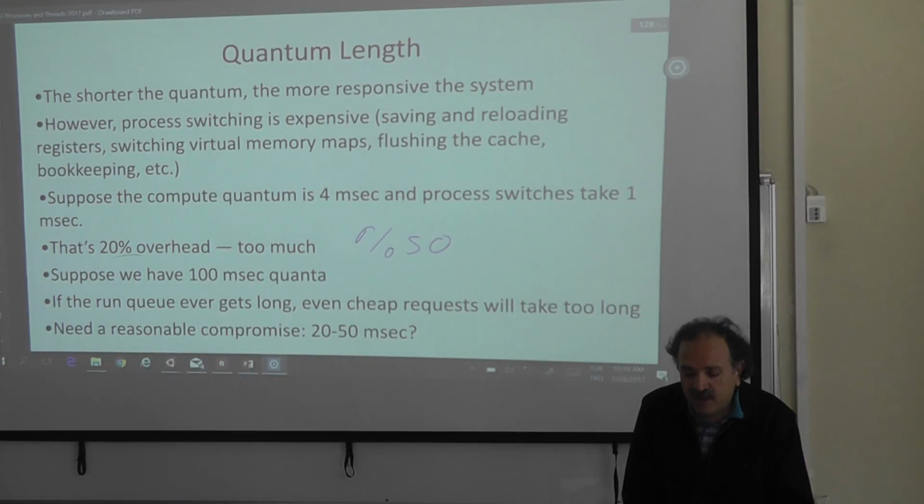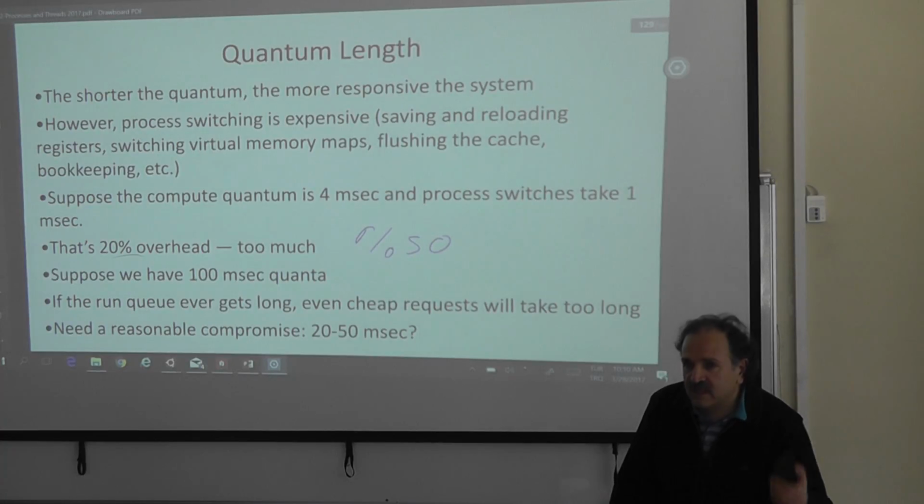It is okay if I don't use most of my CPU time for useful work, as long as the user is happy. But this is not a good overhead for batch systems. Because for batch systems, the idea is to use that expensive computer system to do something very lengthy, very expensive. So you want to use that CPU very efficiently.